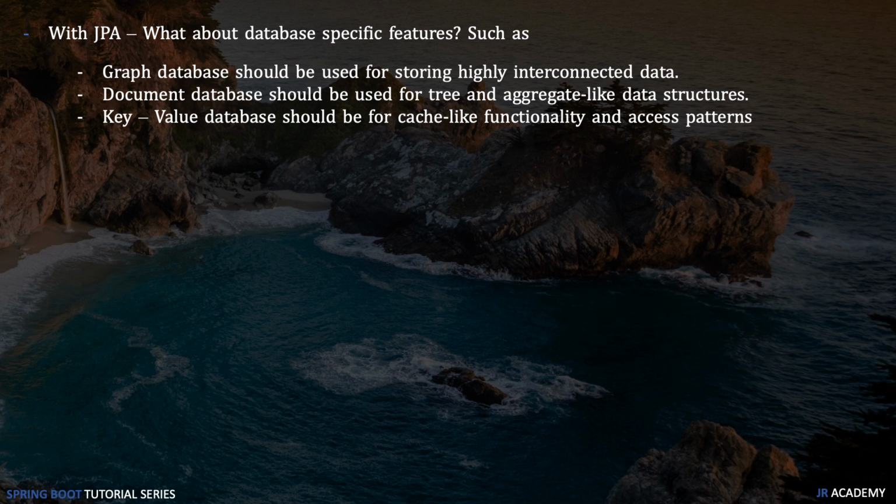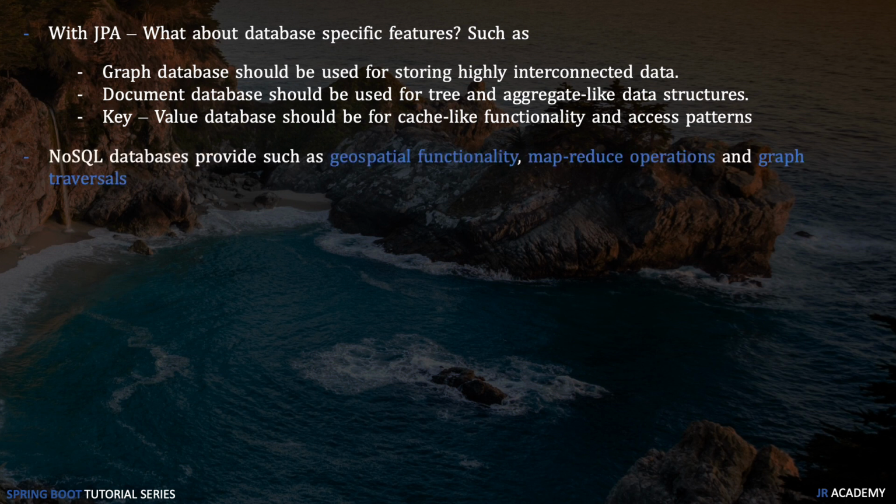And a key-value pair database should be used for cache-like functionality and access patterns. And what about all the other features that NoSQL databases provide, such as geospatial functionality, map reduce operations, graph traversals, and much more? We're not going to be able to use those with JPA because for JPA those concepts don't matter, right? So we would have to implement those concepts in our old ways.